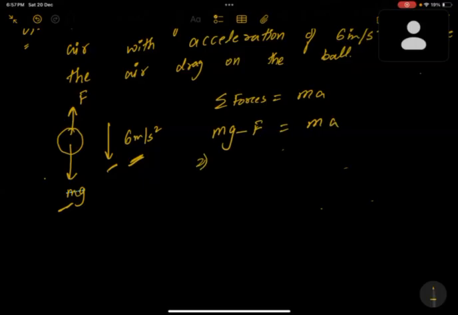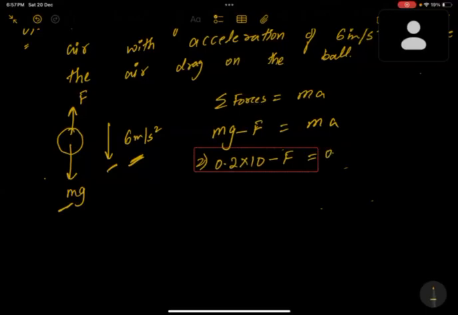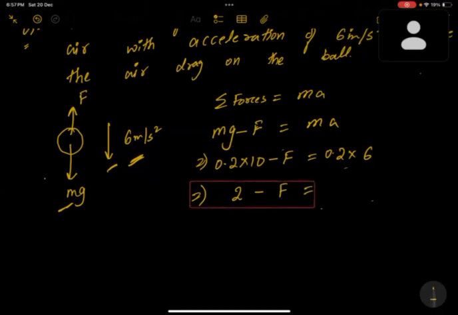Then we will put the values. 0.2 is mass and 10 is g. 0.2 into 6. Now 0.2 into 10 is 2, minus f is equal to 6 into 0.2, which is 1.2.